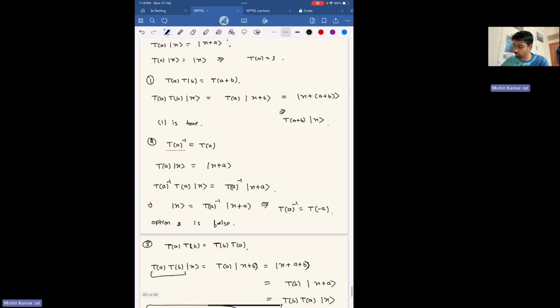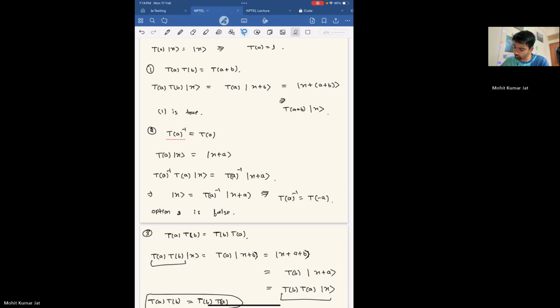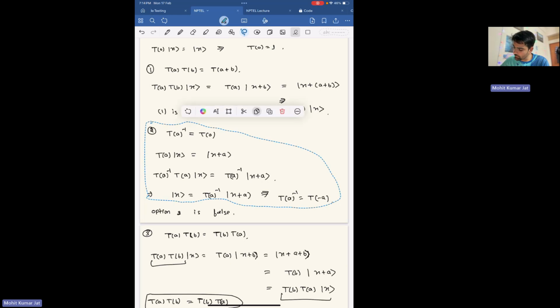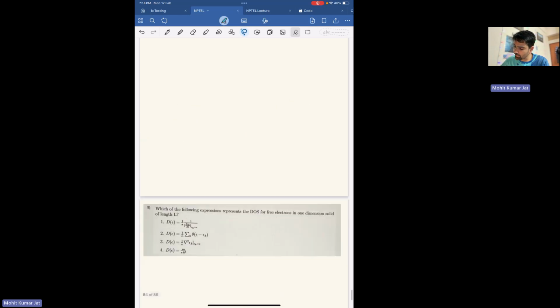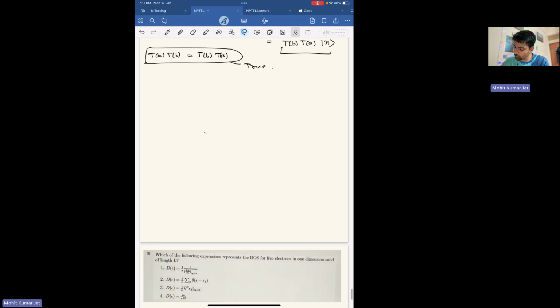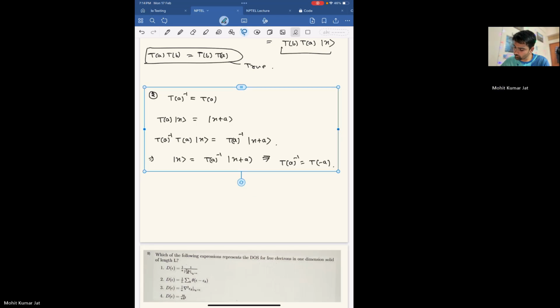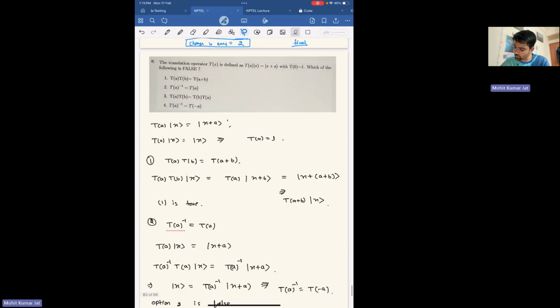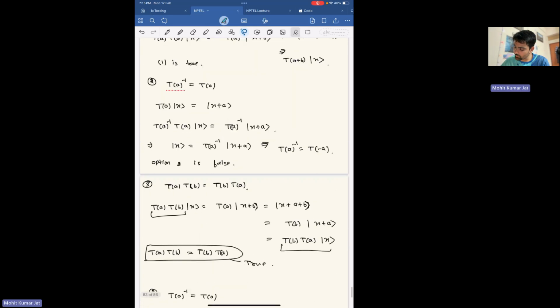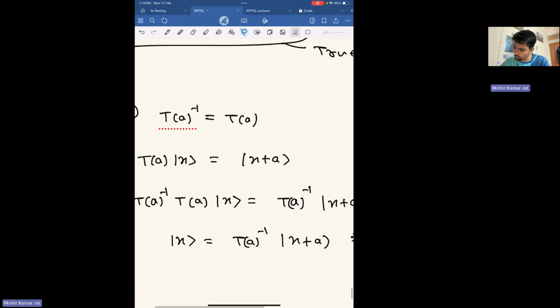Now the fourth option is the same as the second one with a slight difference. So I will copy it and paste it here and modify it accordingly. The option says TA inverse equals T of minus a.